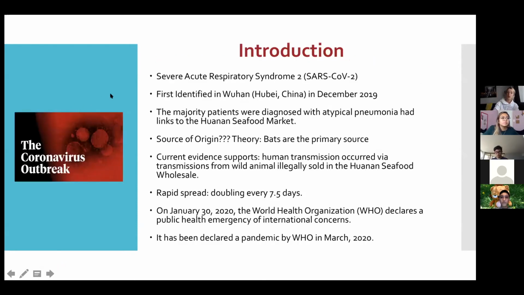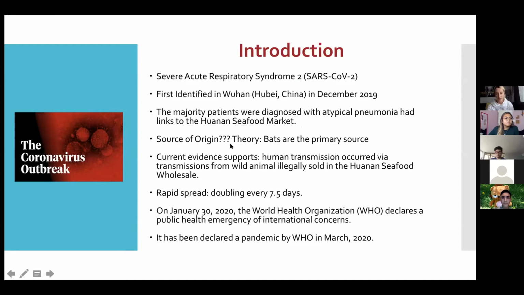And here we go. Now we're going to pay more attention to our new outbreak, COVID-19. Severe acute respiratory syndrome coronavirus 2, SARS-CoV-2, is the official name of the virus that causes COVID-19. It was first identified in Wuhan, Hubei, China in December 2019. The majority of patients were diagnosed with atypical pneumonia and had links to the Wuhan seafood market. Source of origin, question marks.